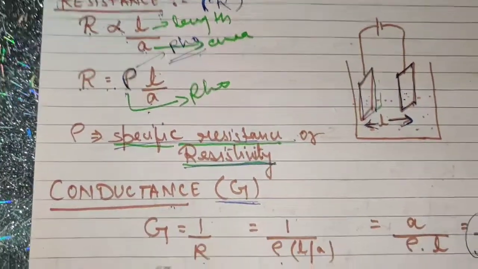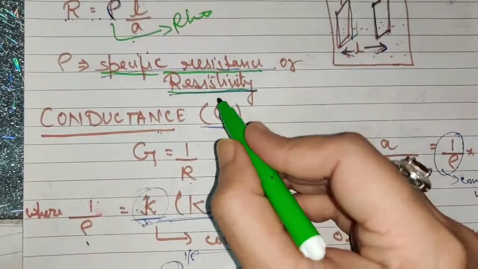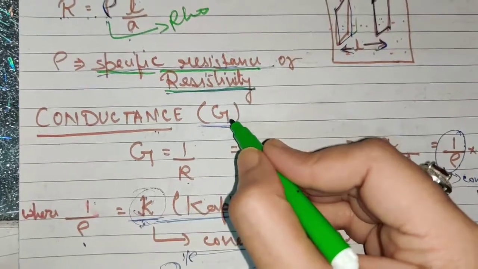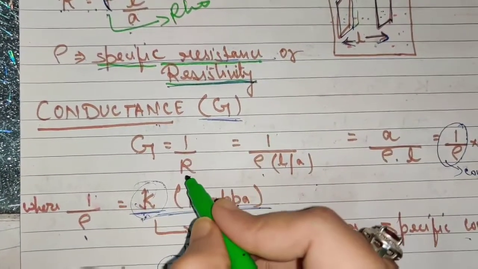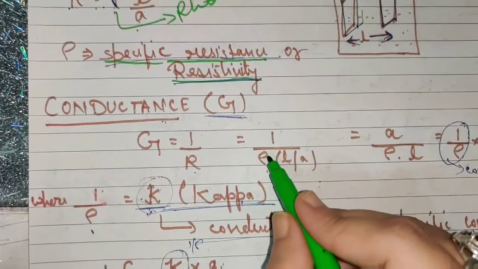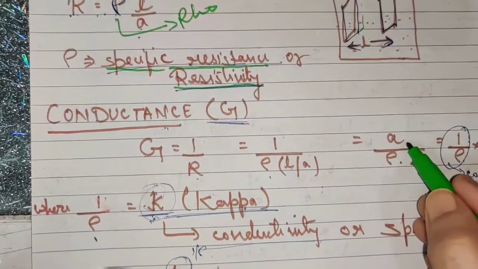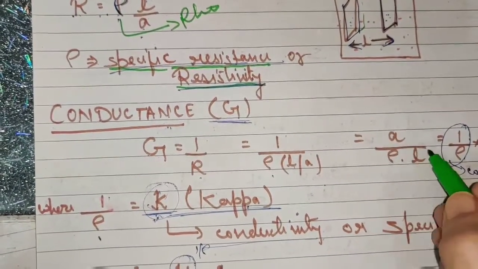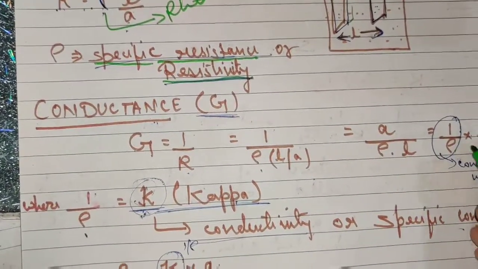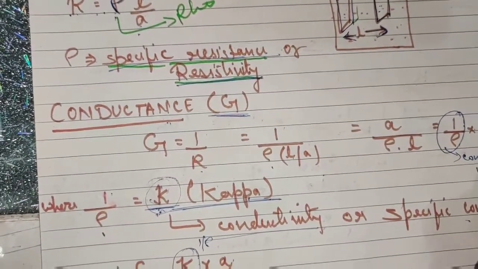Now coming to the next important term, conductance. Conductance is denoted by capital G, and conductance is the reciprocal of resistance. So you can write it like this: 1 upon rho L upon A. When you solve it, it becomes A upon L into 1 upon rho. And 1 upon rho is known as conductivity.